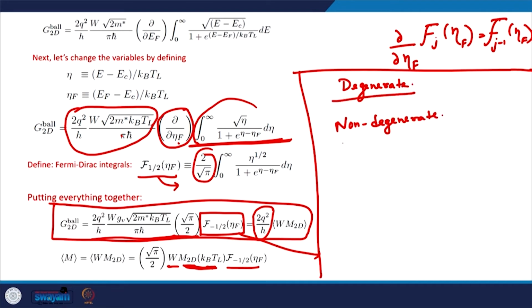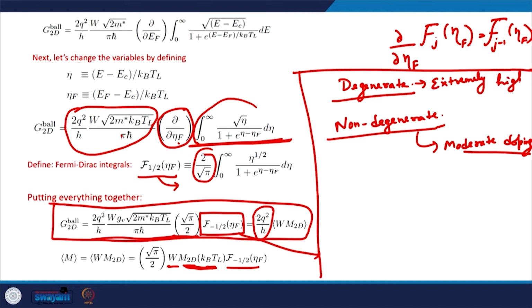In moderate doping, in realistic doping situations, the semiconductors are non-degenerate, and when we have extremely high doping, generally we have degenerate semiconductors, in which the Fermi level lies quite close to the conduction band.